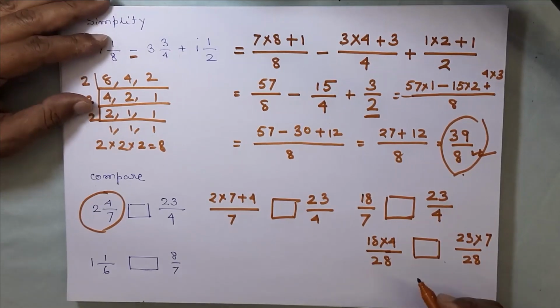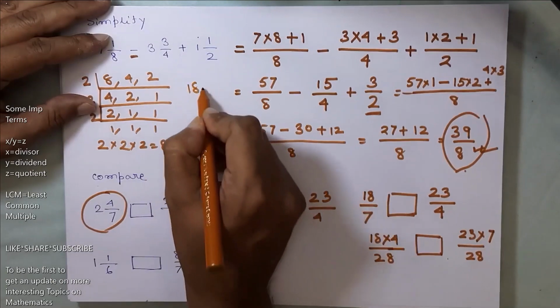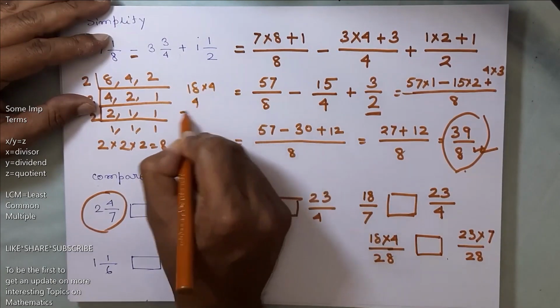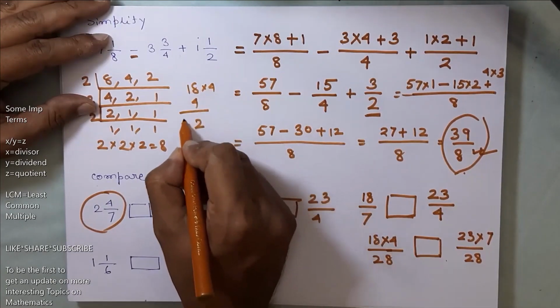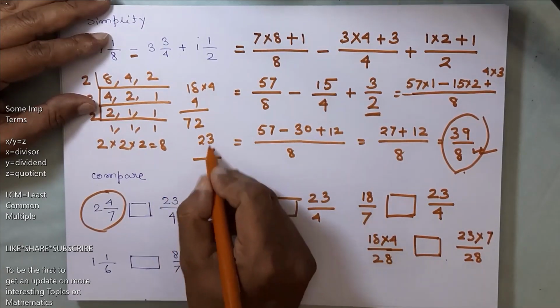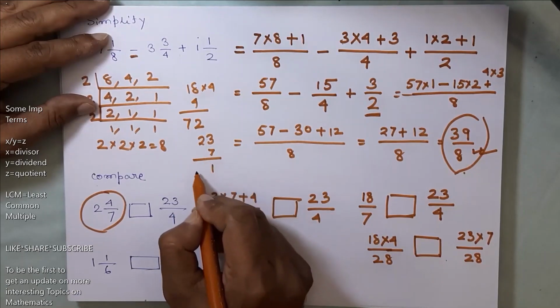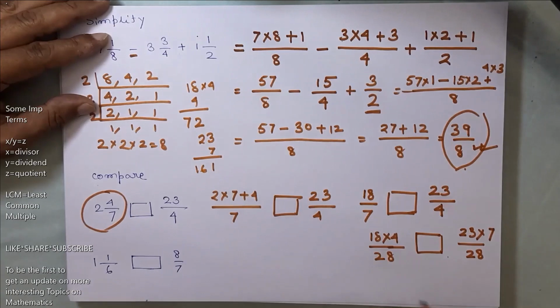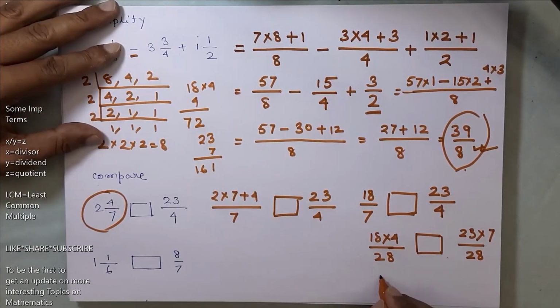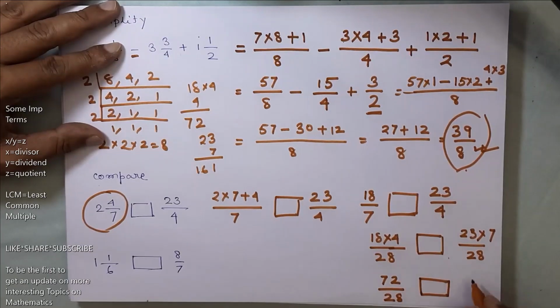So what will be the numerator in both the cases? Will be 72 by 28, and it will be 161 by 28.